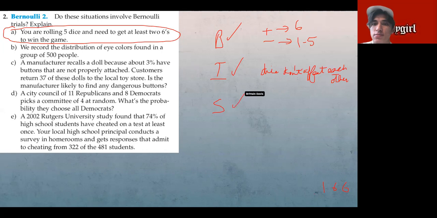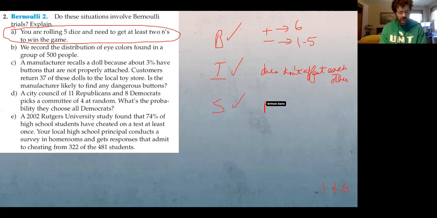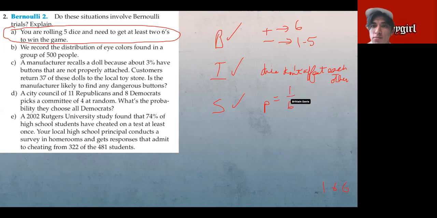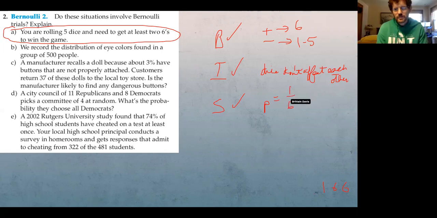Yes. And what is the probability? 1 6. There it is. Okay. So it meets those. That would be Bernoulli trials. We could do all kinds of different problems with it based on what they're asking.